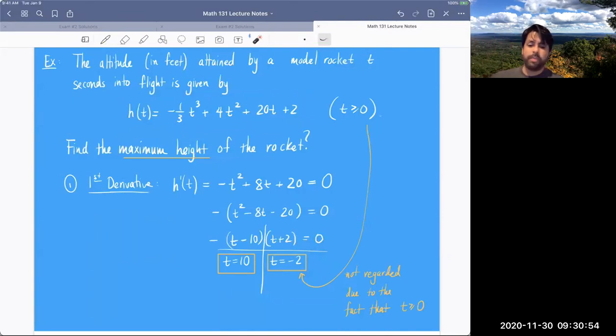It has no real meaning, so we don't even consider it. So models have limitations. There are things that don't completely represent the real world. But at time equals 10, that works out.